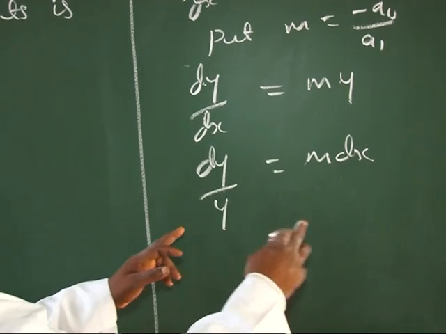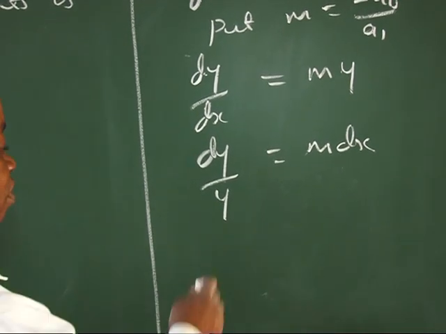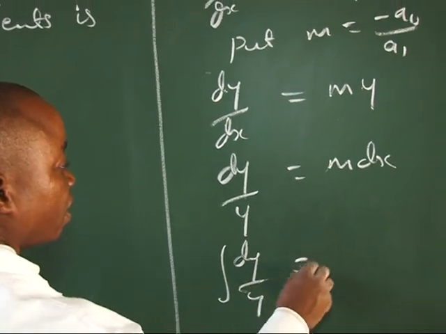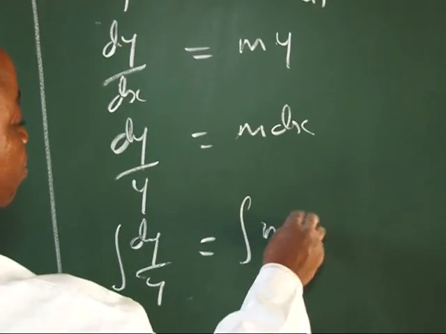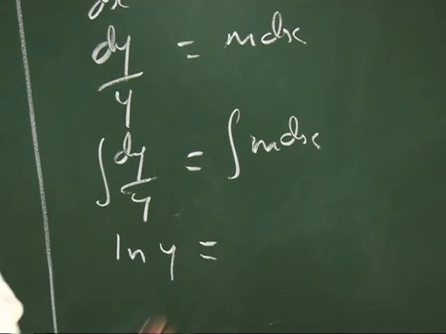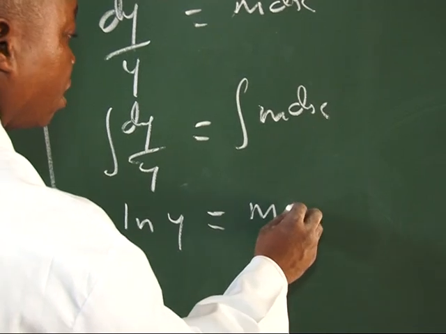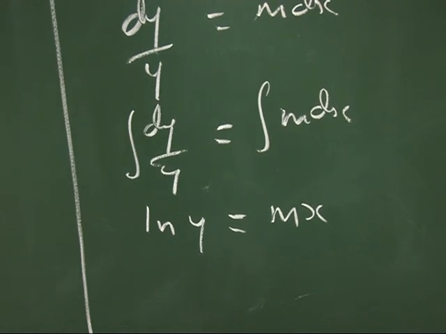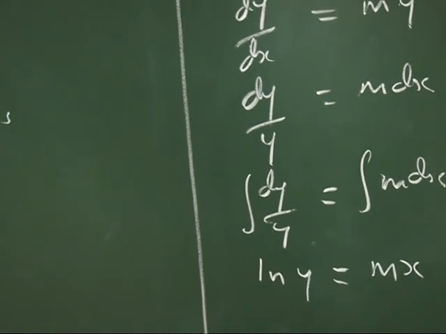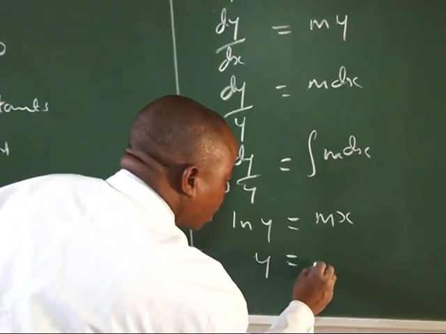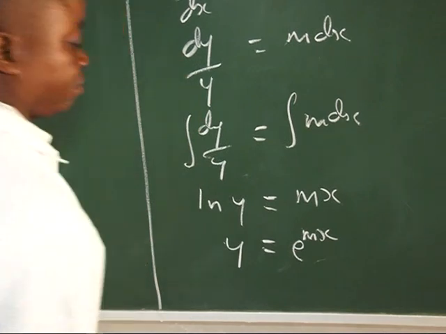So integrating both sides, we will have integral dy over y is equal to integral m dx. Now this side will give us ln y is equal to mx. Now taking the exponential of both sides, we will have that y is equal to exponential mx.